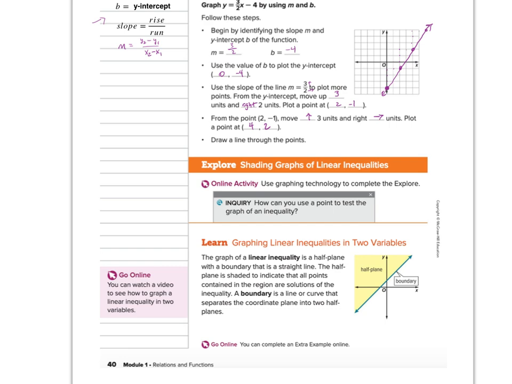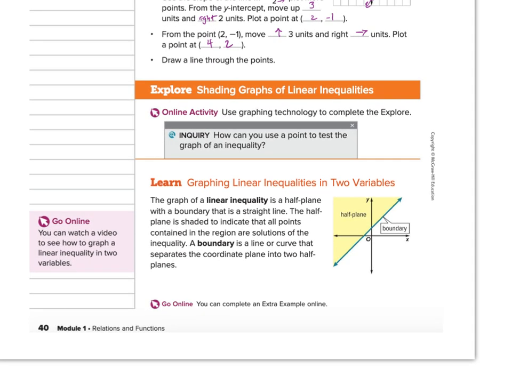Different from a table. For linear inequalities, okay, so a graph of a linear inequality is a half plane with the boundary that is a straight line. The half plane is shaded to indicate all the points that are contained in the region are solutions to the inequality. So whatever the inequality is, everything over here in the yellow is going to be a solution.